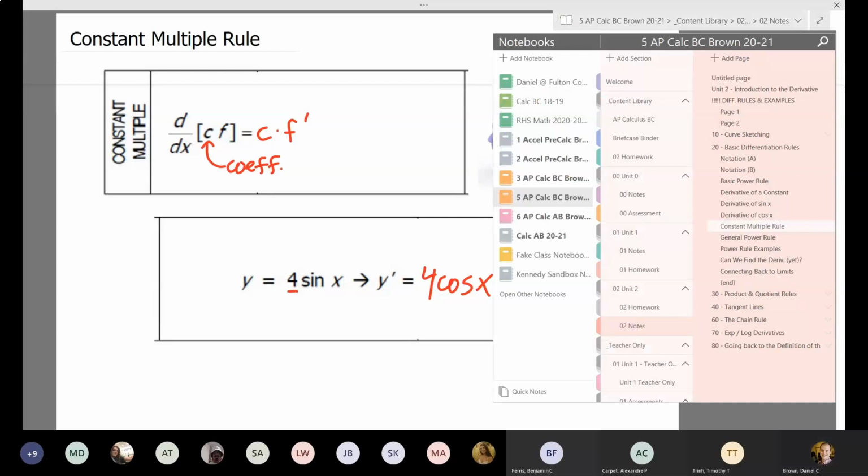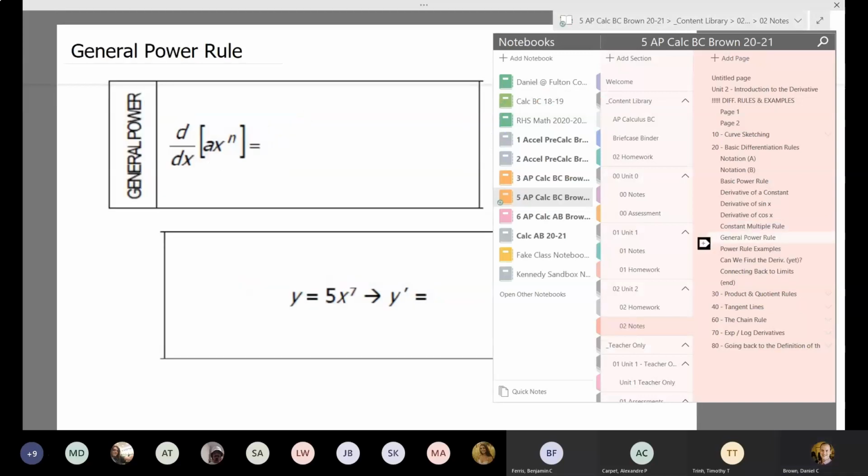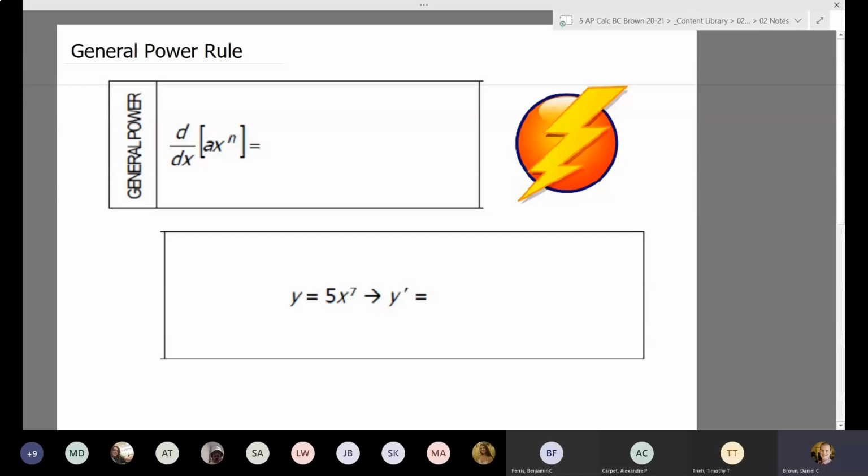Last rule we have for today is the general power rule. The general power rule basically combines the power rule with the constant multiple rule. So this is going to be where you have like x raised to a number but a coefficient in front of it. So if I have the derivative of a x to the n, that a is a coefficient, so it's still going to come straight across.